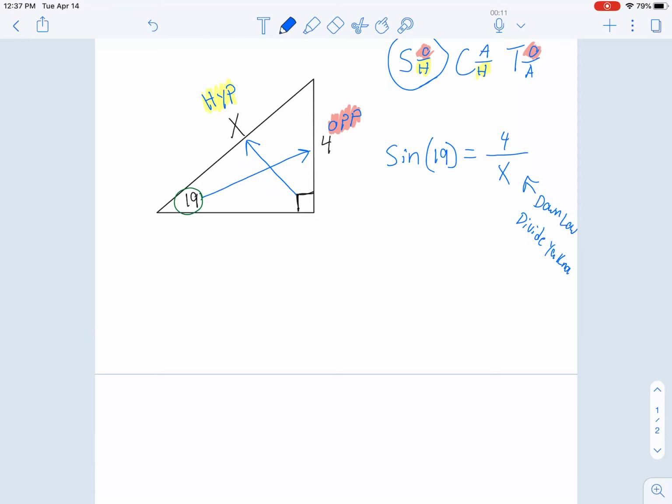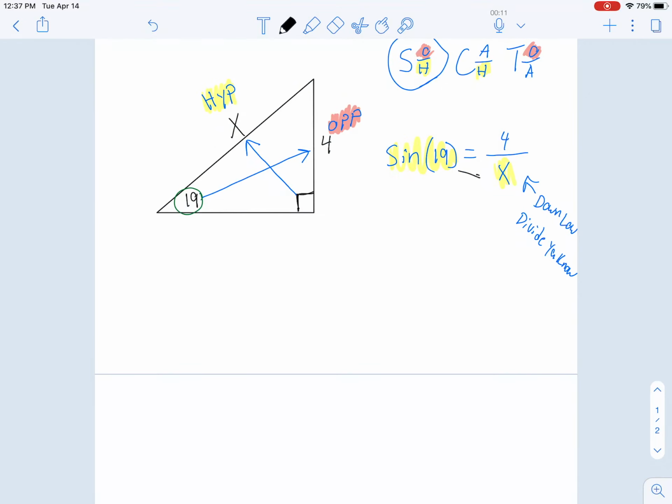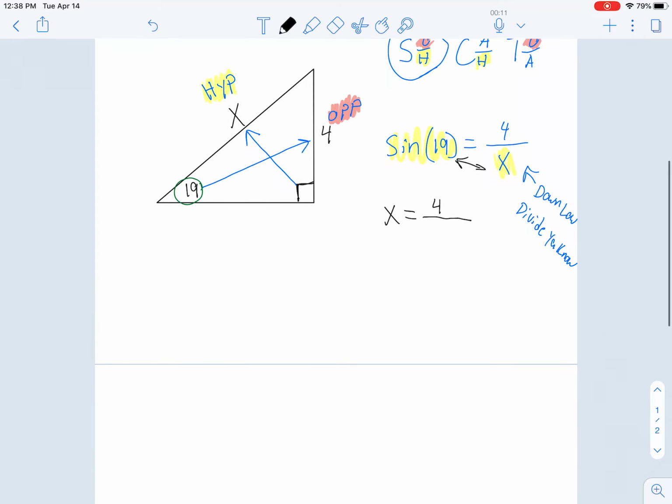What that means is we're going to take my x and my sine and flip them, replace them. So in place of sine of 19, we write x equals. I didn't do anything with that 4, so it stays on the top of the fraction: 4 over sine of 19. This is how I'm going to write the division problem.